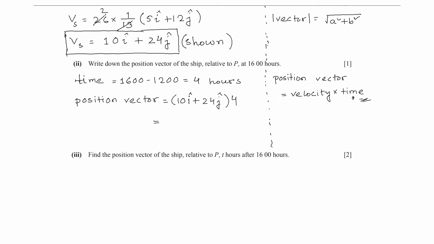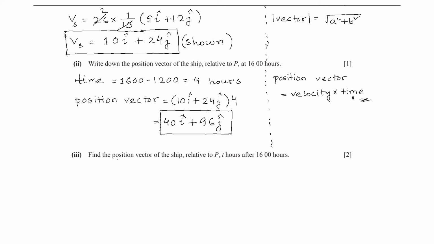So 10 times 4 is 40, so let's write 40i, and 24 times 4 is 96, so let's write 96j. So this is the position vector of the ship relative to P at exactly 1600 hours. So our second part of this question has been done.